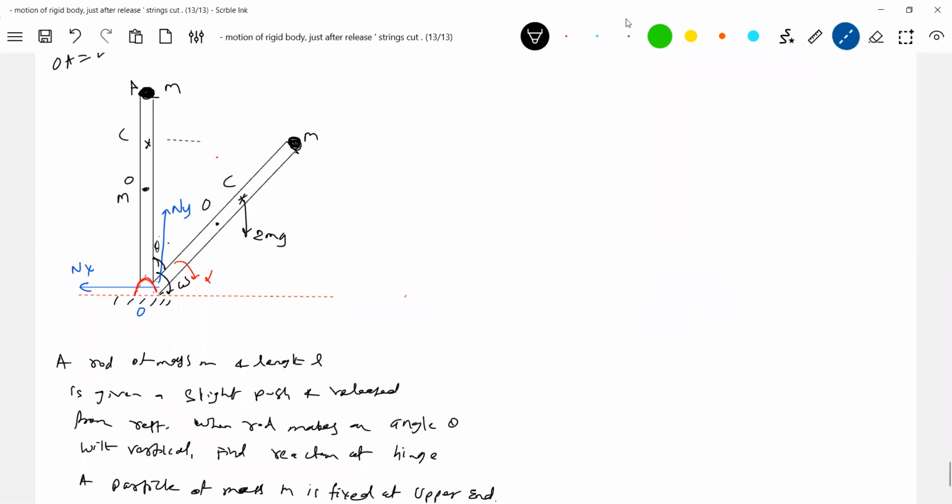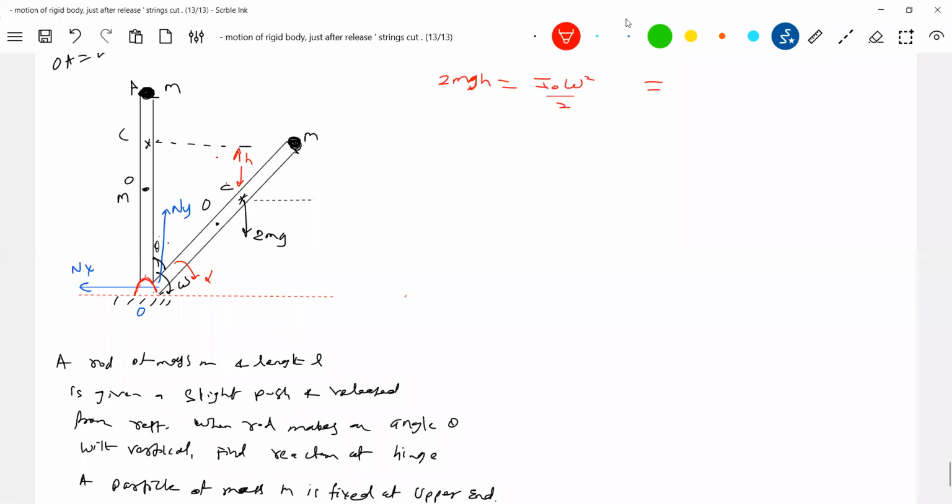It has descended a height h. The decrease in potential energy 2mgh should be equal to I_O omega squared by 2.